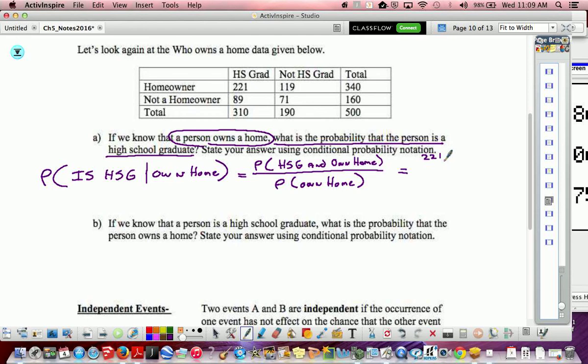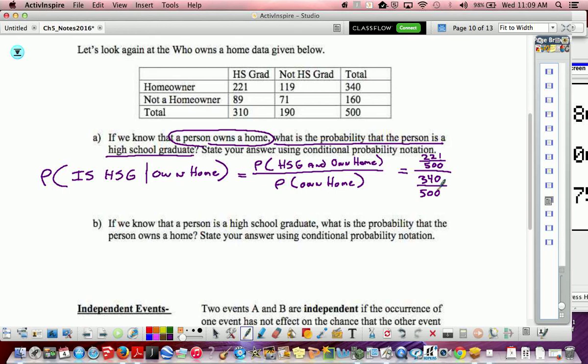So I'm actually calculating out that probability, divided by the probability that I randomly pick a person who owns a home? 340 out of, whoops, I got ahead of myself, out of 500. I started writing 500 and I hadn't completed 340 yet.